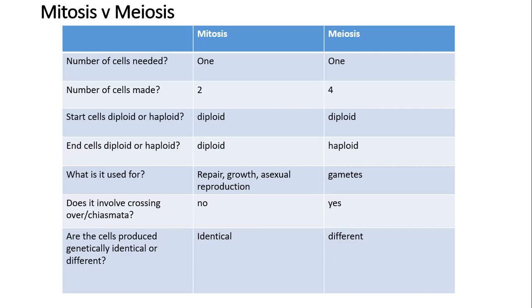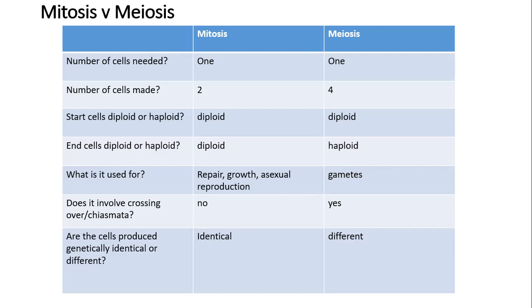They have that full set of genetic information. By the end of mitosis, the 2 daughter cells are each diploid. They each have the same amount of chromosomes as that one original cell had. Whereas in meiosis, they become haploid cells. Think of it as half. They have half the amount of chromosomes as that original cell had.